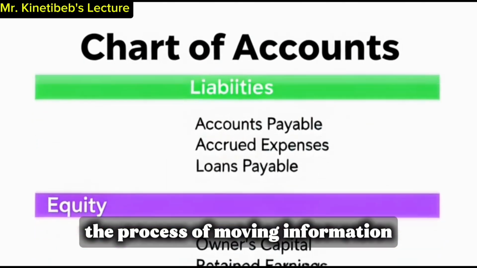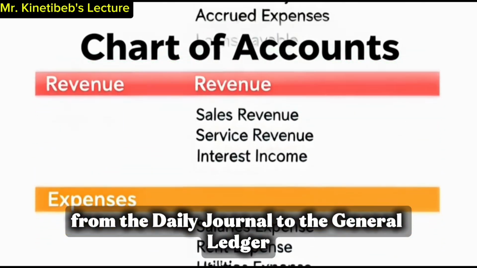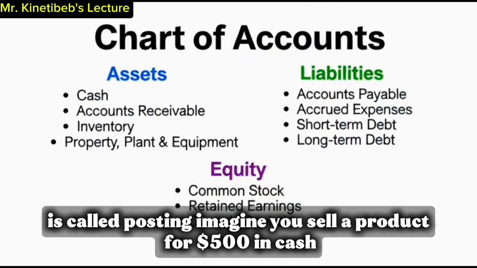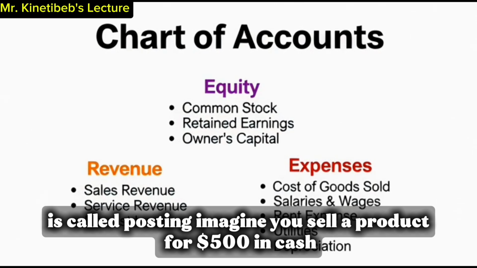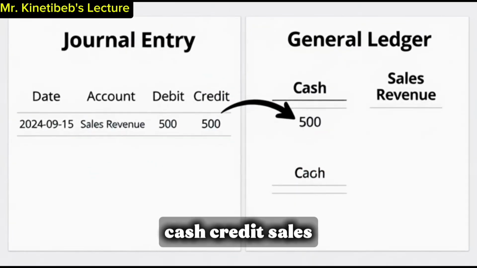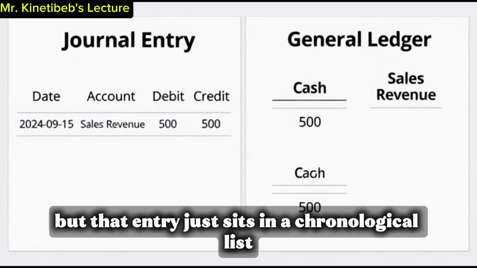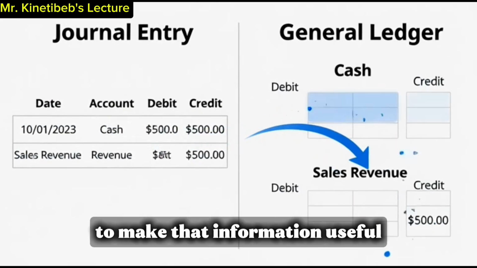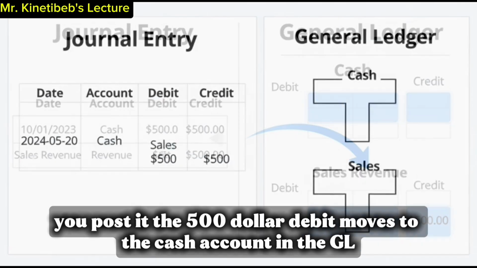The process of moving information from the daily journal to the general ledger is called posting. Imagine you sell a product for $500 in cash. First, you record a journal entry: debit cash, credit sales. But that entry just sits in a chronological list. To make that information useful, you post it.